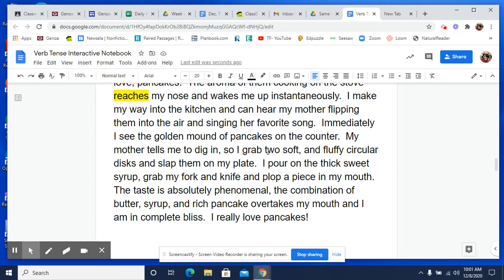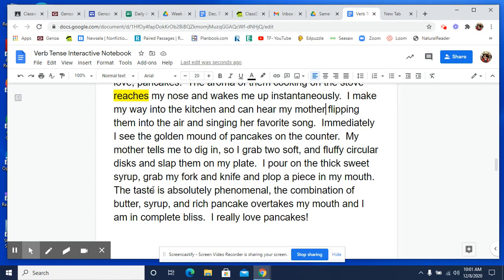So I grab, still present tense, two soft and fluffy circular discs and slap, still present tense, them on my plate. I pour on the thick sweet syrup, grab my fork and knife, and plop a piece in my mouth. All of those present tense.